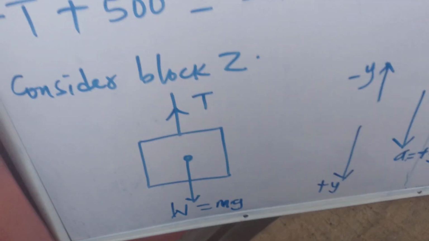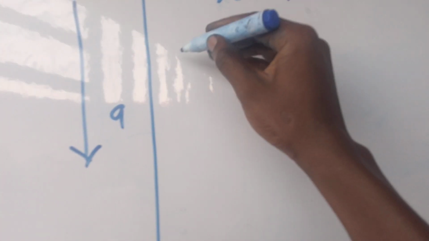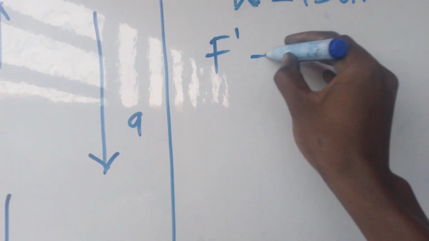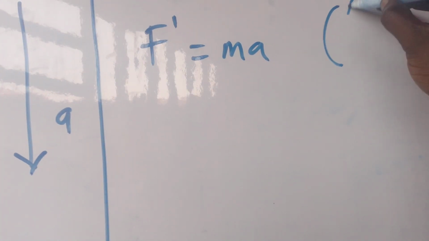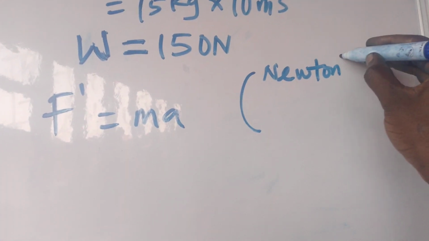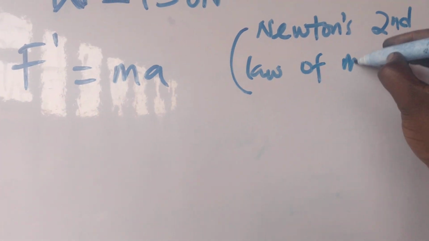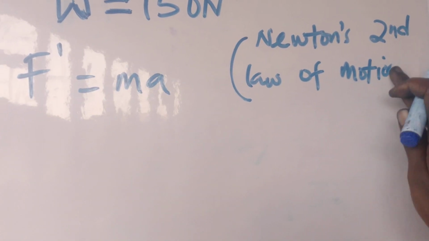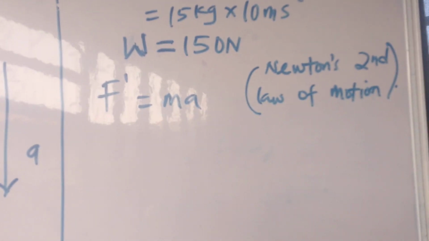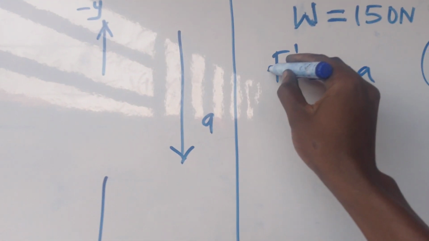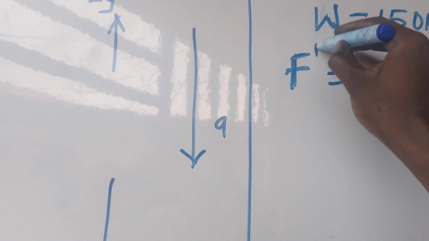So applying Newton's second law of motion, you have F equals ma. That's Newton's second law of motion. So the summation of forces is equal to mass times acceleration.